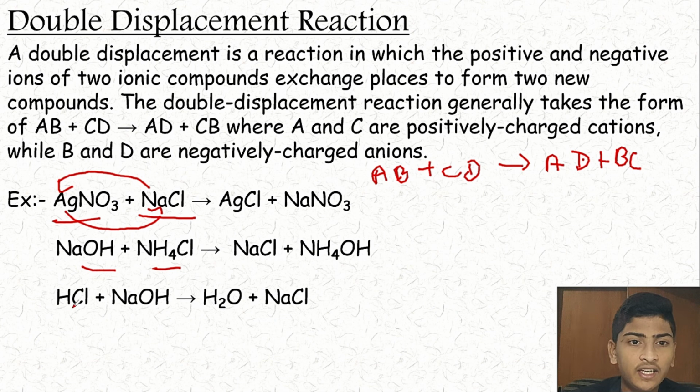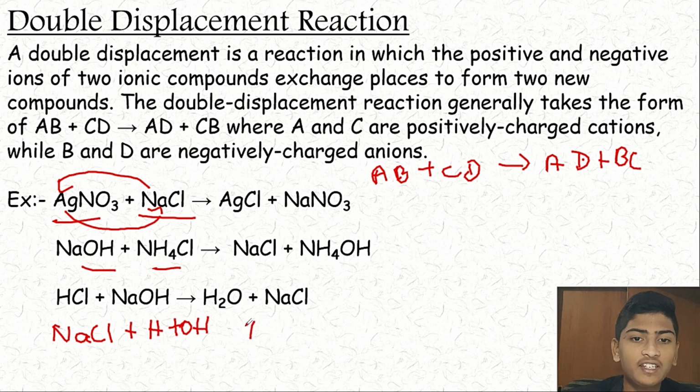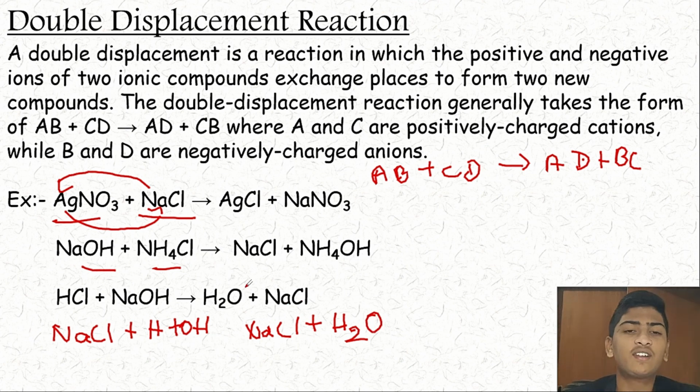When these interchange their places, it forms NaCl plus H plus OH, which gives rise to NaCl plus H2O, since the H and OH combine. H2O plus NaCl. That's it for this class.